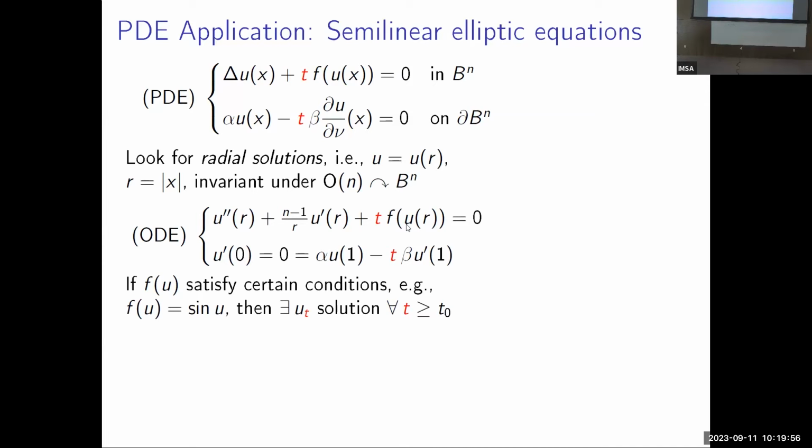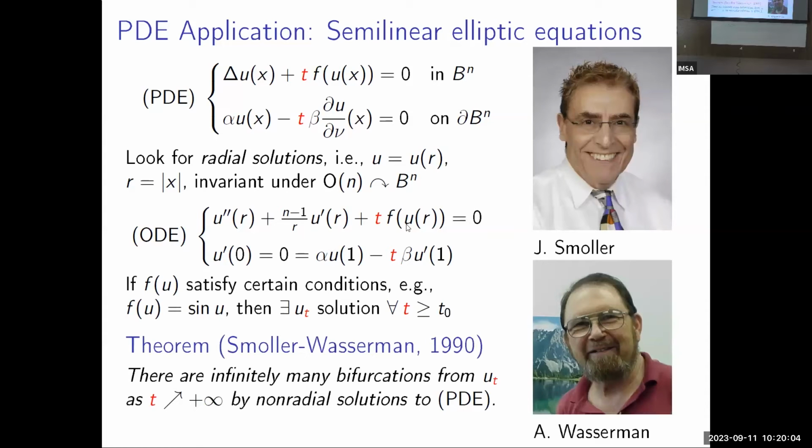So if f is the exponential function, you have solutions for every positive parameter. And there was this article published in Inventiones, it's very small, that said that you have some trivial solutions of the radial equation for every value of t. But as t goes to infinity, there are infinitely many instances where you have bifurcation from these radial solutions and you produce non-radial solutions, so let's say non-trivial solutions.